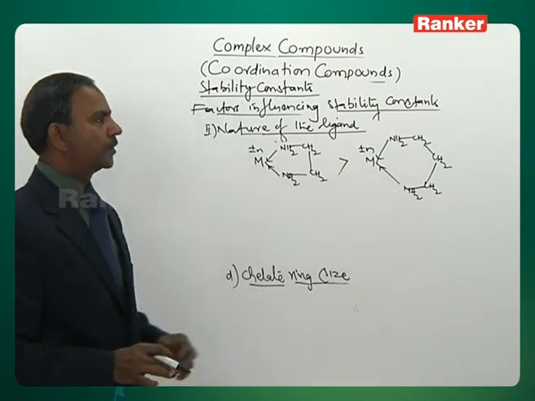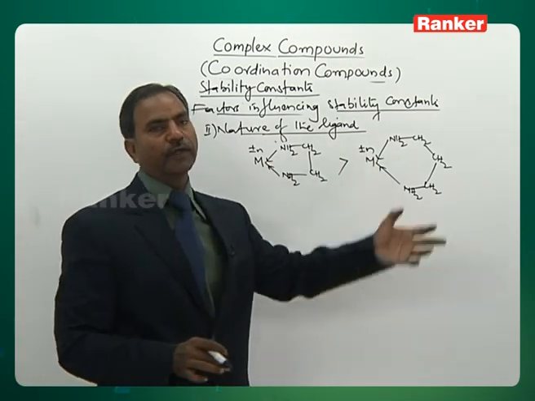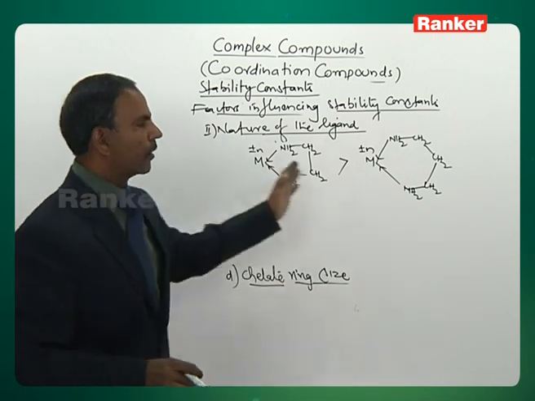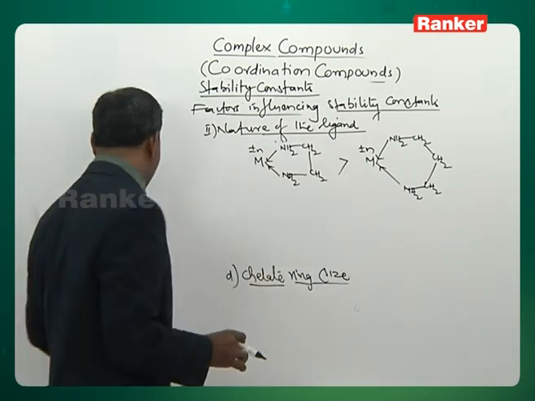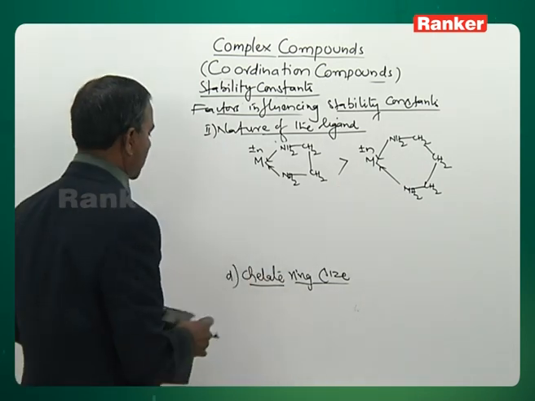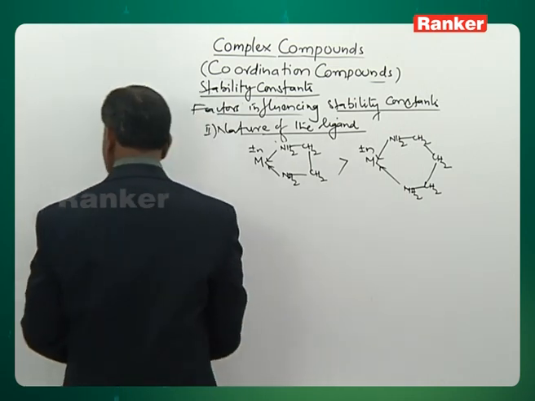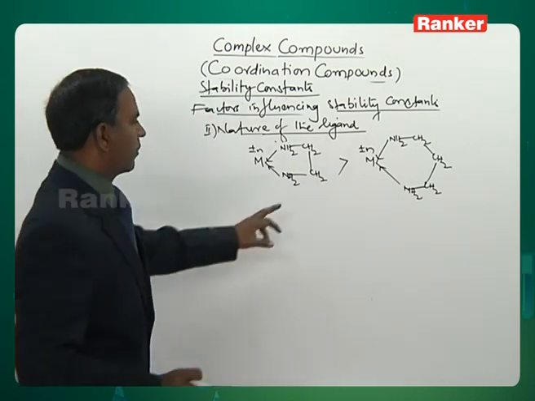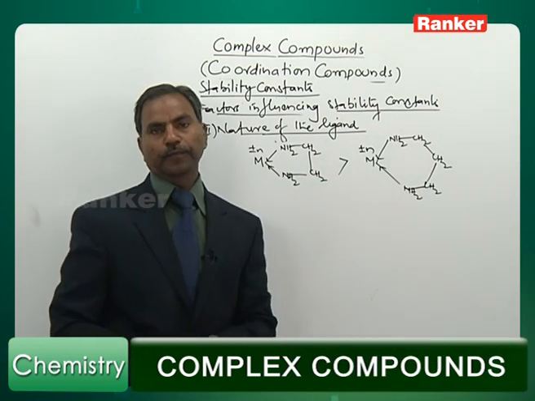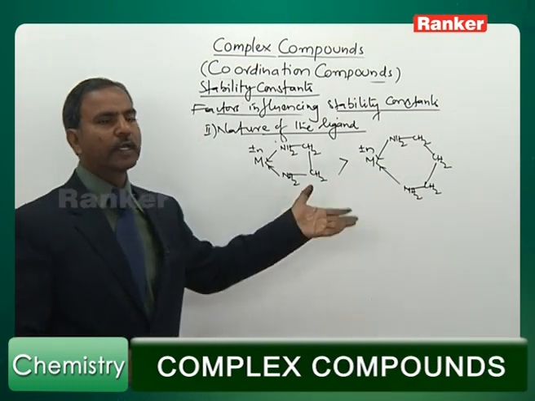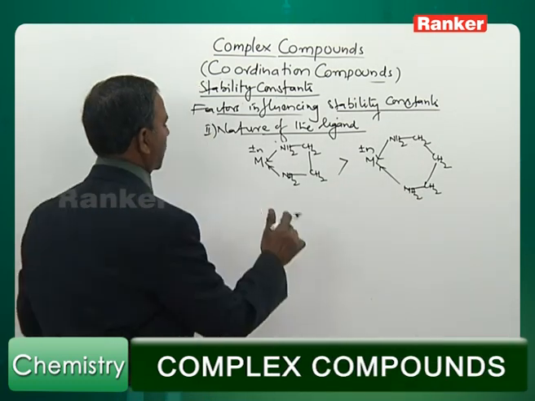M-tn complex, and this is a 5-member ring, that is a 6-member ring. This is the order of stability. Next, once you talk about chelate ring size, here 5-member is more stable than 6-member, provided both the rings are saturated. So this is the order of stability.